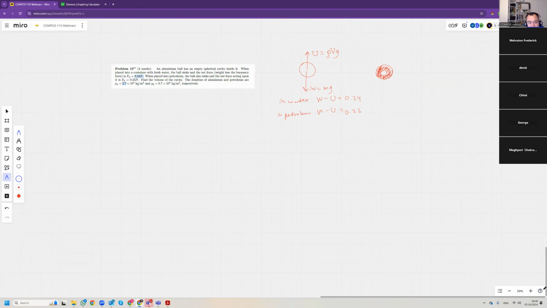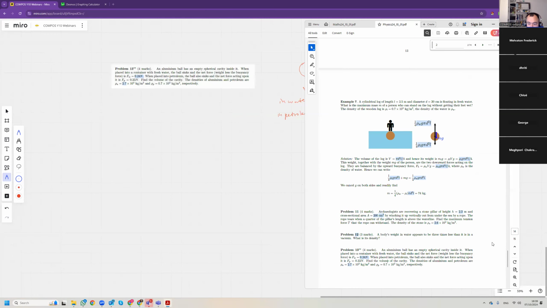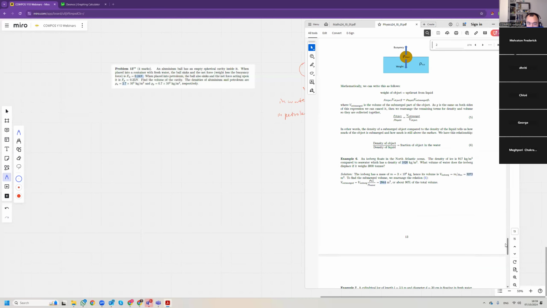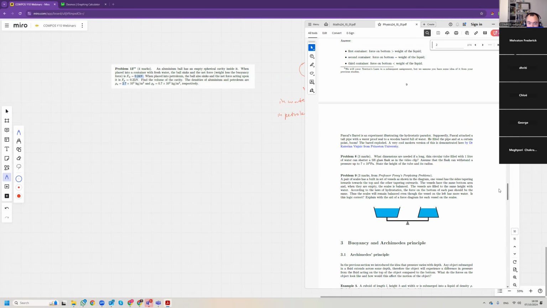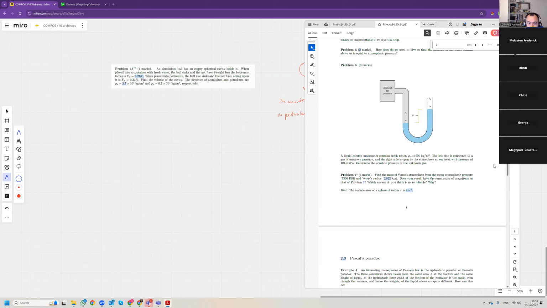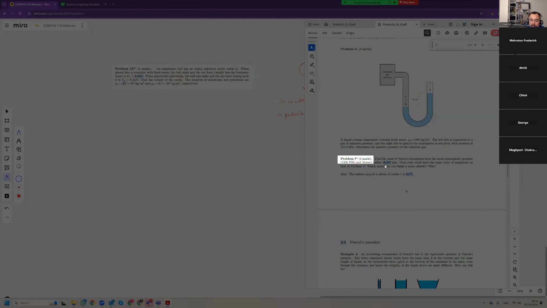Can we go through problem 7 on physics? Find the mass of Venus's atmosphere. Well, it's the same as problem 4, just in a different manner.